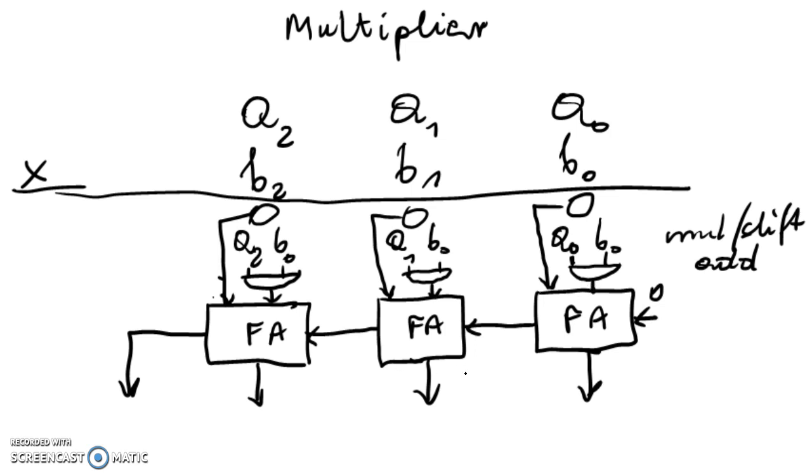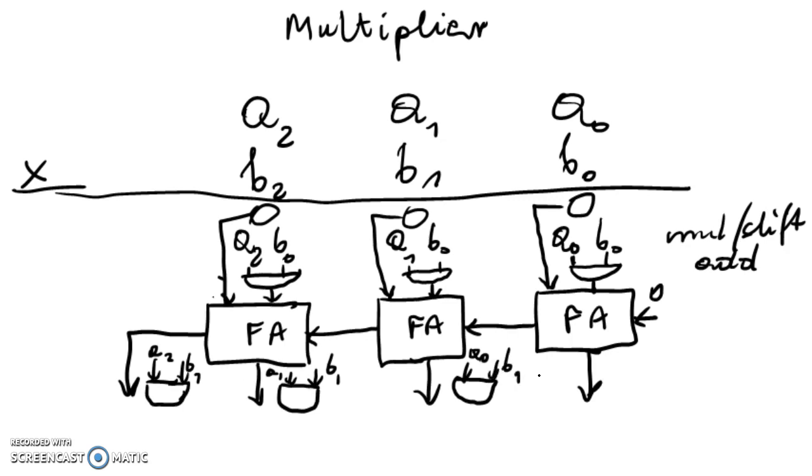You simply multiply using AND and shift, of course. It is an AND gate, another AND gate, and another AND gate. But the signals are B1 times A2. Here you've got A1 and B1, and here you've got A0 and B1, so it is a multiplication by B1.